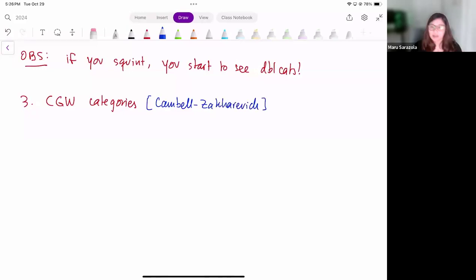They were the ones that noticed this story that I just told you and introduced these structures. And then myself and Brandon Shapiro strengthened the axioms to get them to behave a little bit better. So what are these categories trying to do? What's the purpose?